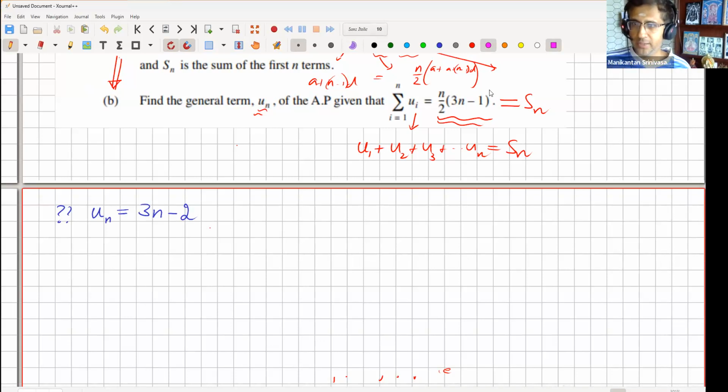I'll do it in two different ways. One using the application of part A and one other way as well.